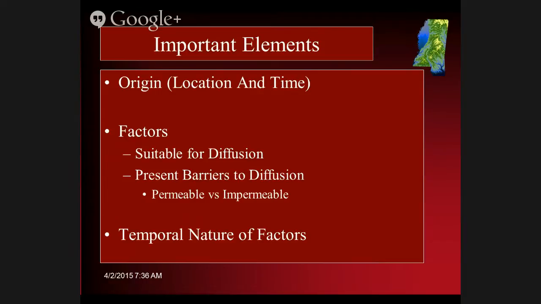All right, the factors. Factors will contribute to or tell us about how suitable a particular landscape is for diffusion. And what we mean by that is that the factors have to be expressed in terms of growth rate. So there has to be an equation that represents how, so the end result is that it equals growth in some units.